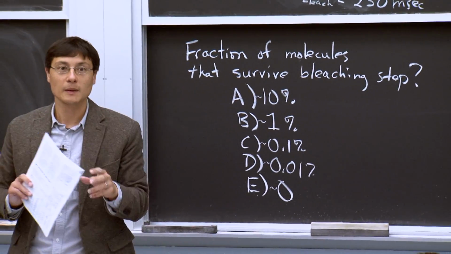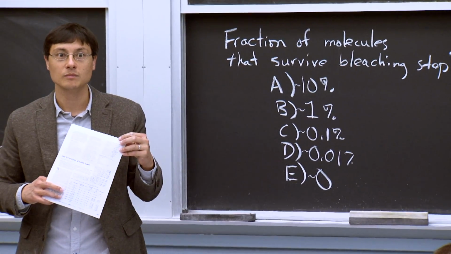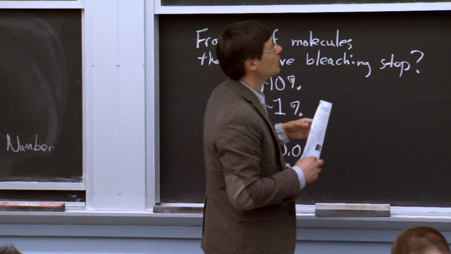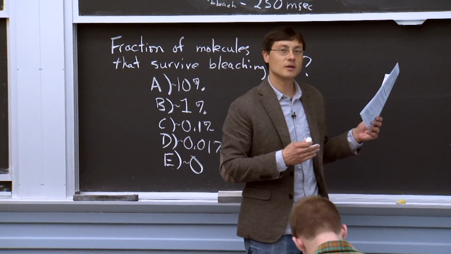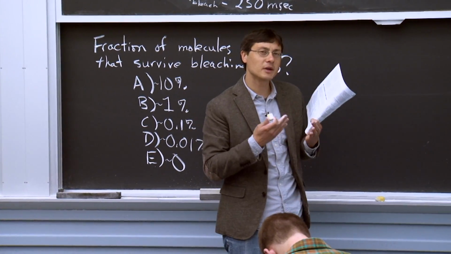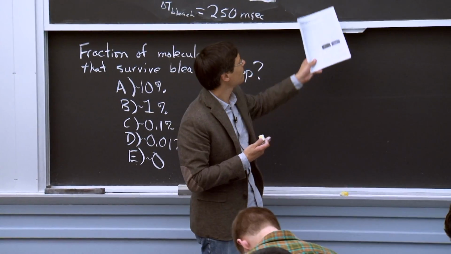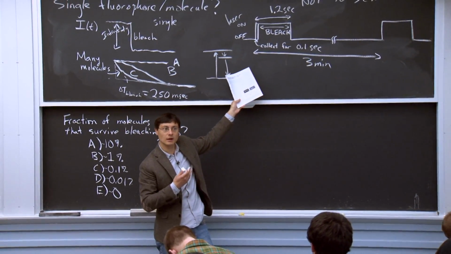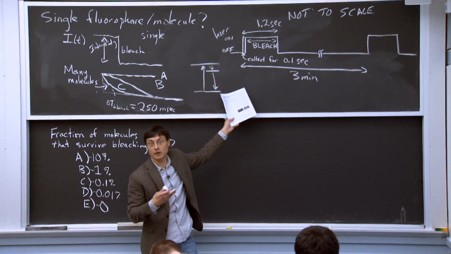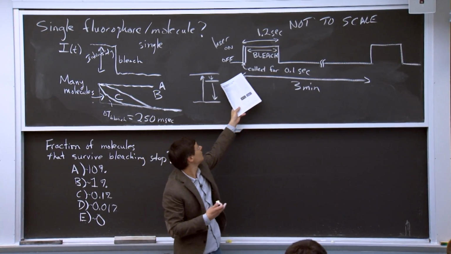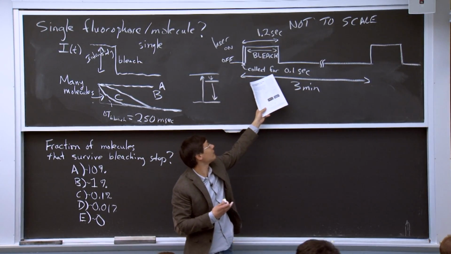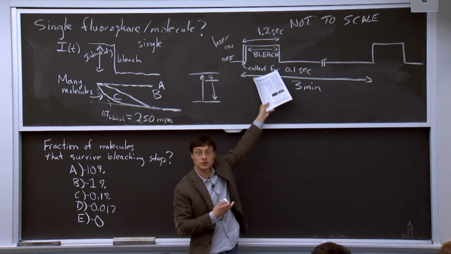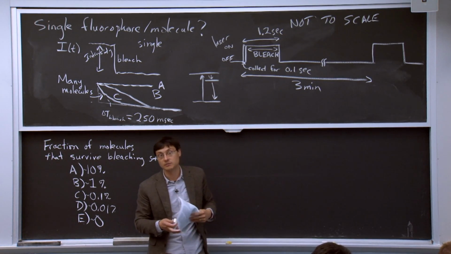By surviving bleaching, do you mean... Right, I'm assuming that they start out being fluorescent. Over time, we're illuminating them with this laser light, so eventually they will bleach. But perhaps some of them have survived for that entire 1.2 seconds. If you looked at it after this bleaching step, they would still be fluorescent.